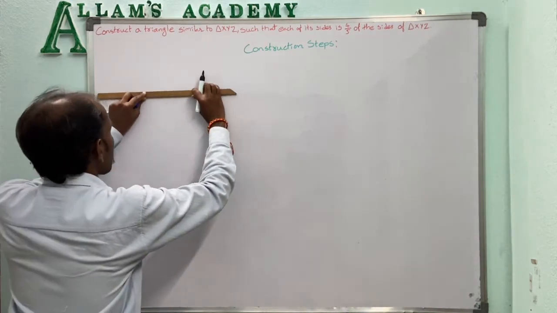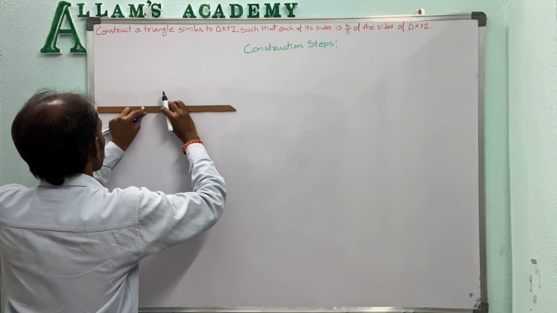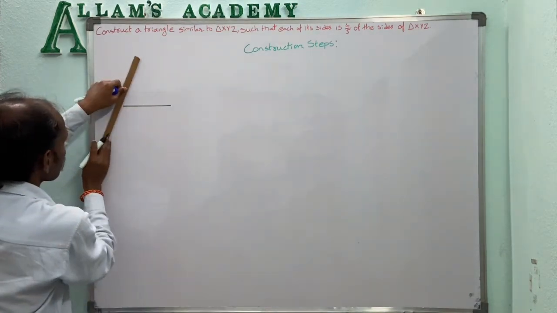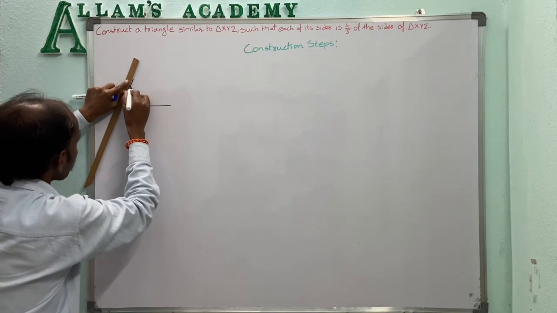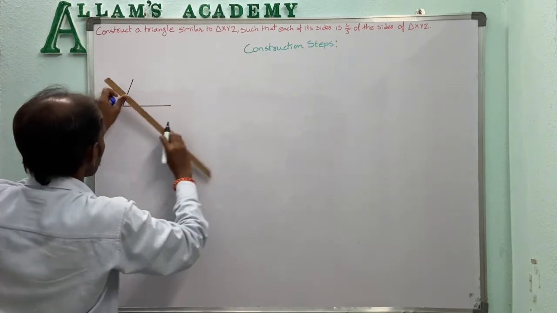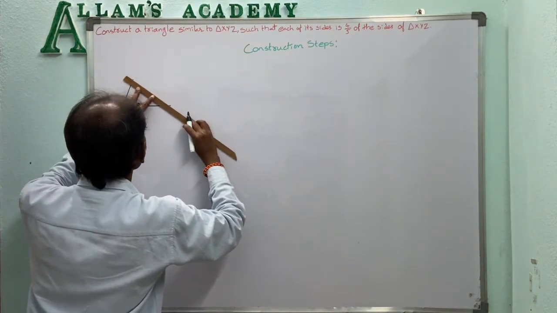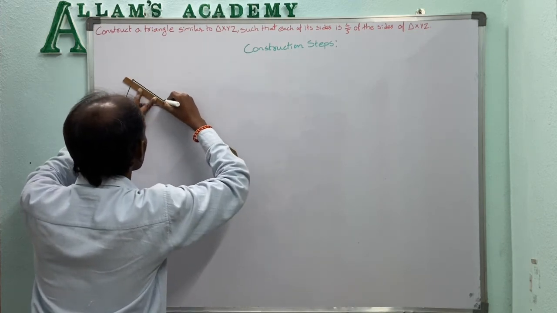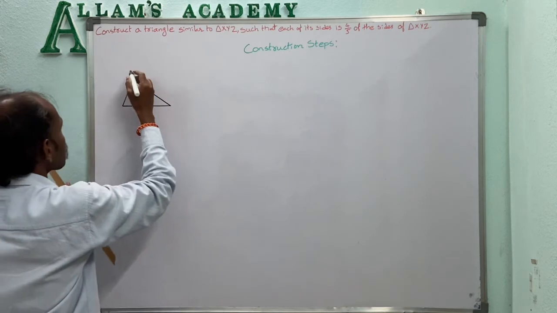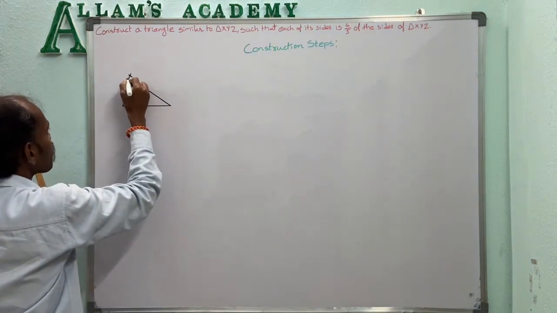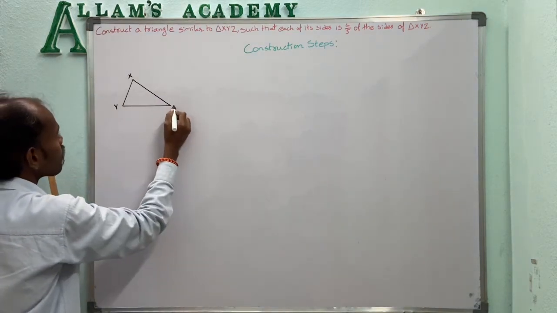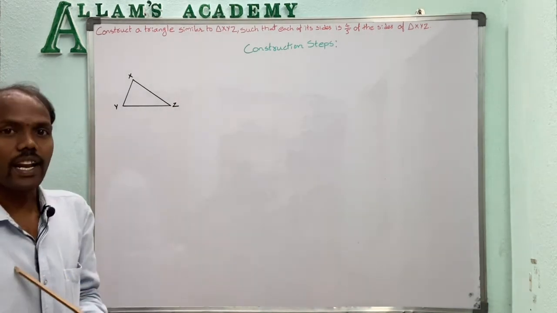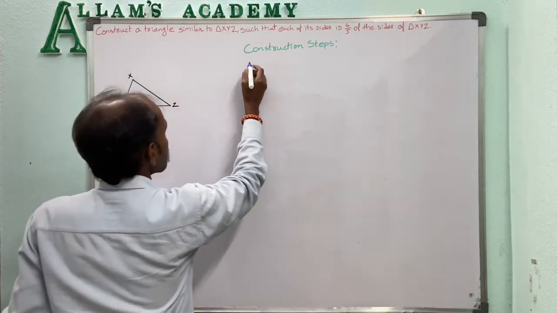So now we are drawing triangle XYZ. That is written as the construction step.